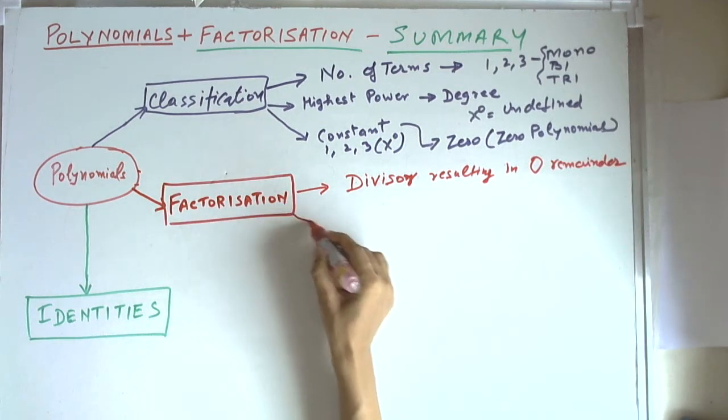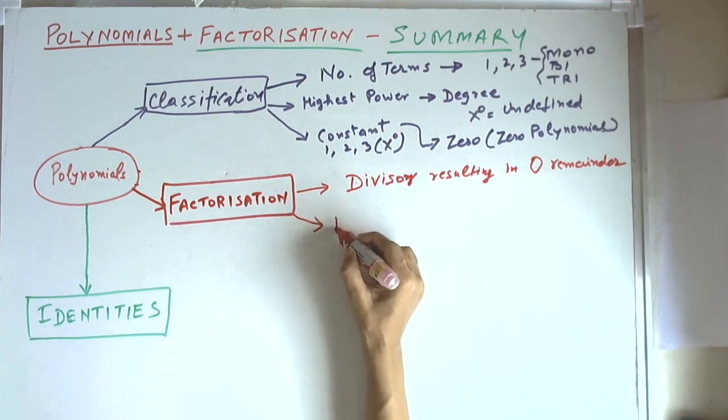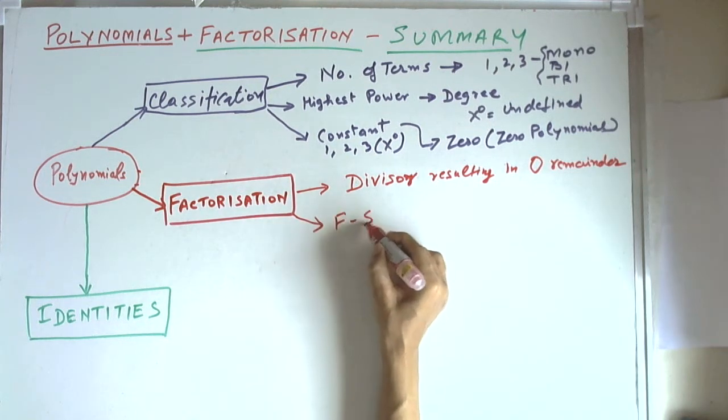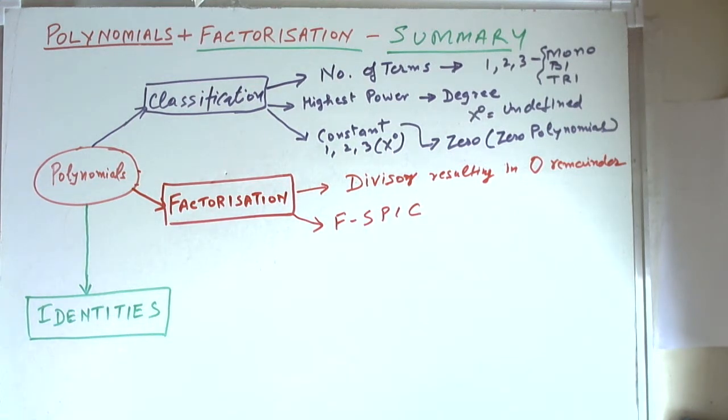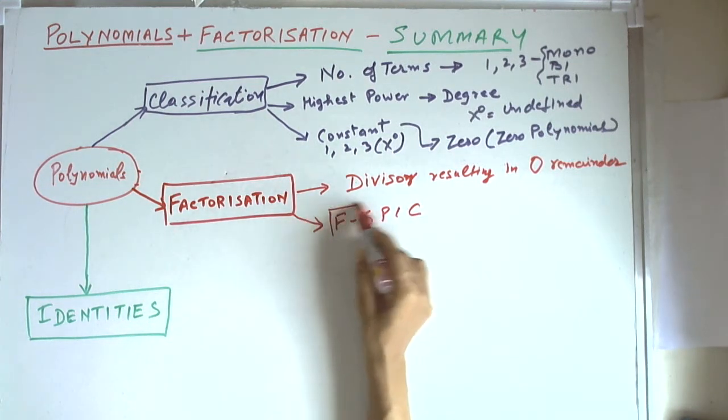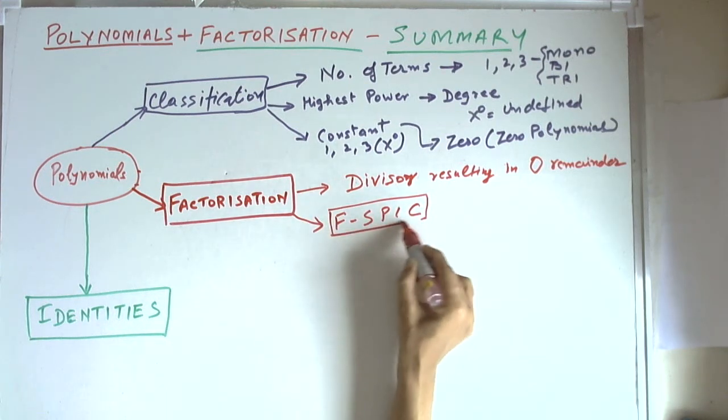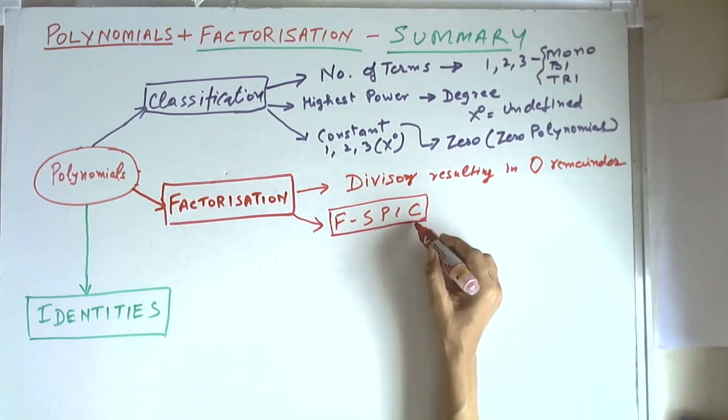And there are 5 methods for factorization, and remember this word: FSPIC. This is very important, and this is an acronym or a shortcut for remembering the 5 methods.